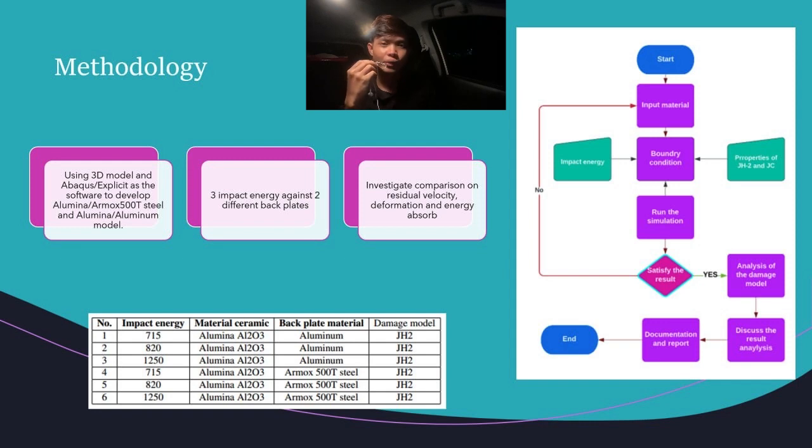The results will show the comparison of the backplates in terms of residual velocity, deformation, and energy absorbed, plotted with respect to time. The figure beside shows the workflow for the methodology from modeling until the analysis section. The figure below shows the test matrix for this study, which consists of 6 simulations.